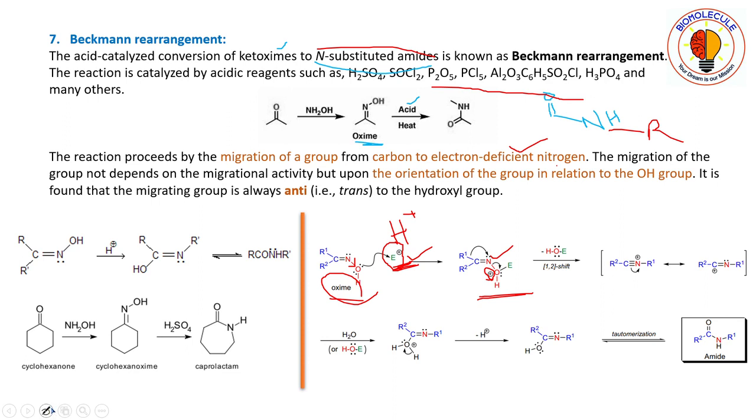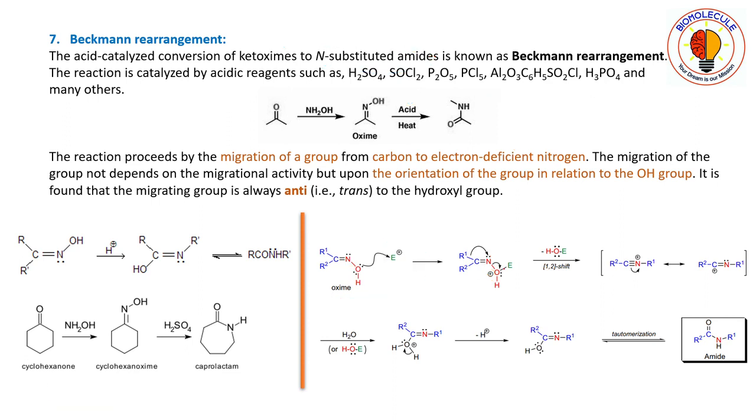Okay, so the nitrogen will become electron deficient. So here it is said that the nitrogen is electron deficient.